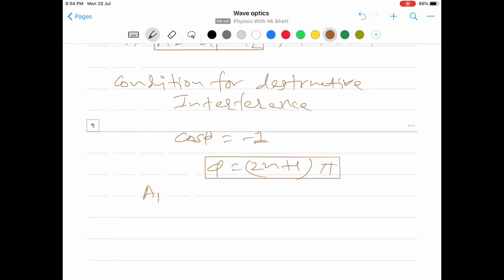In this condition, A minimum would be A1 minus A2.